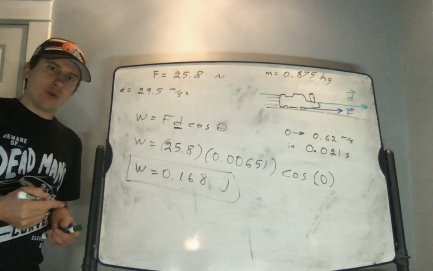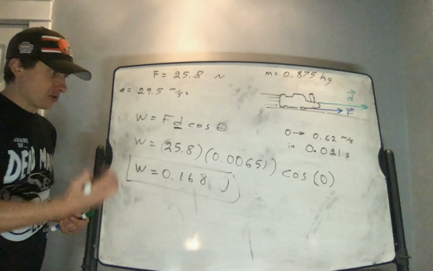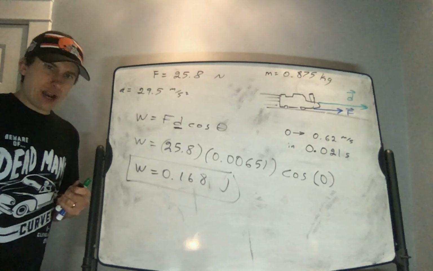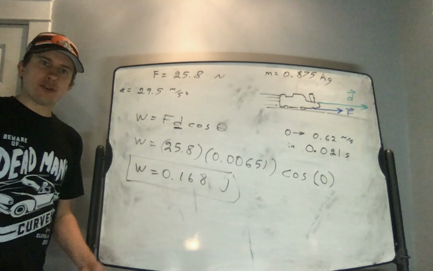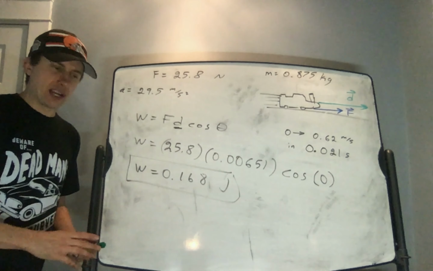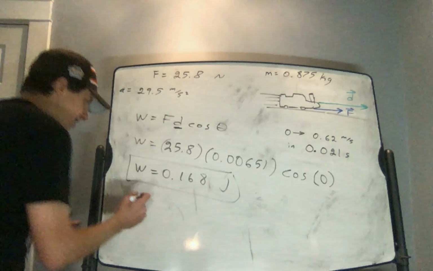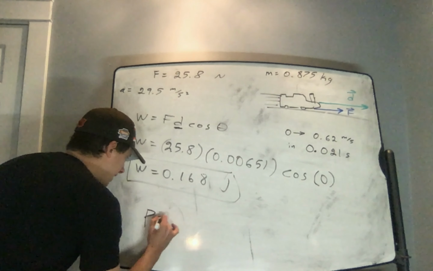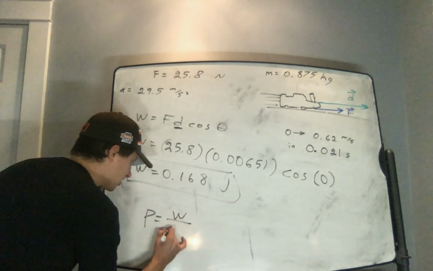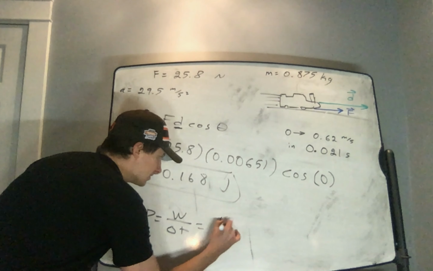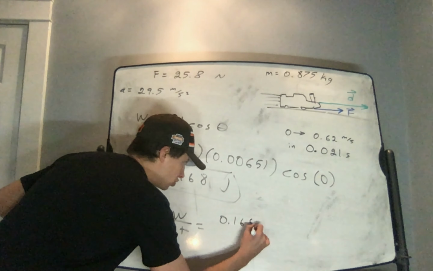Now we could ask, what is the power delivered to the train by the motor? So basically, we are asking how much energy per second the train is receiving from the motor. So I could say power is equal to work done over some time interval, and we found the work done as 0.168 joules.